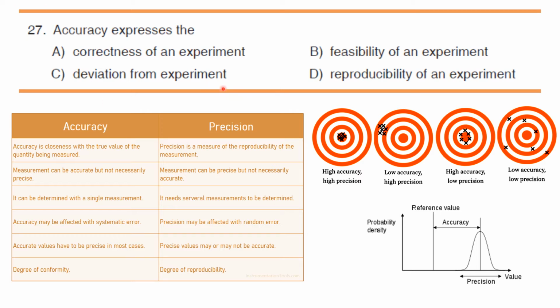You are using a single instrument, that is a single scale, for measuring the length of the box, and each time you measure the length, you note it in your notebook. In the first measurement, you get a value of 4.9. In the second measurement, you get 4.8. In the third measurement, again you get 4.9.